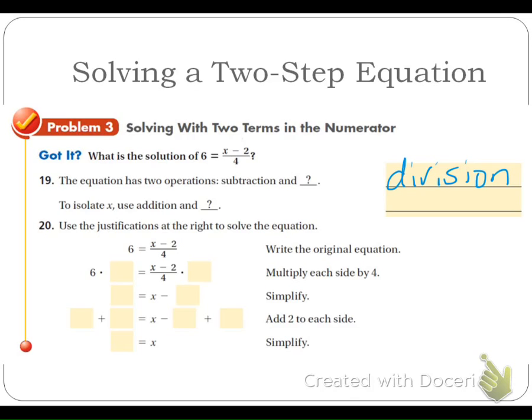To isolate the variable x, we have to use addition so that we can get rid of the 2, and multiplication. But we have to undo the complex fraction first. So we're actually going to undo this division by multiplying, moving it up and multiplying.